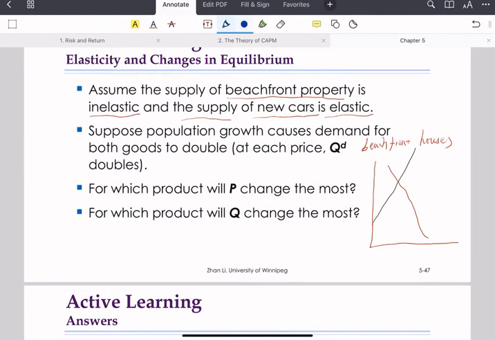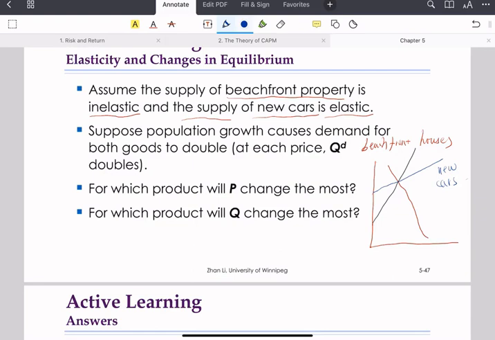Let's say the supply curve of new cars looks like this. So this is for new cars. The important thing here is you should see that the supply curve for new cars is flatter compared with the supply curve for the beachfront houses.